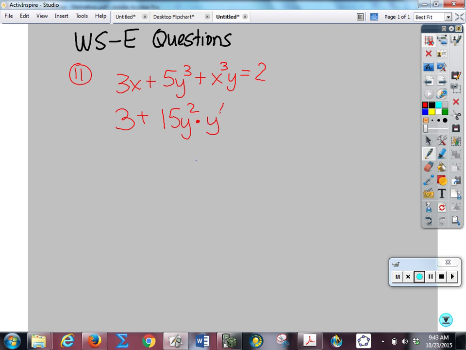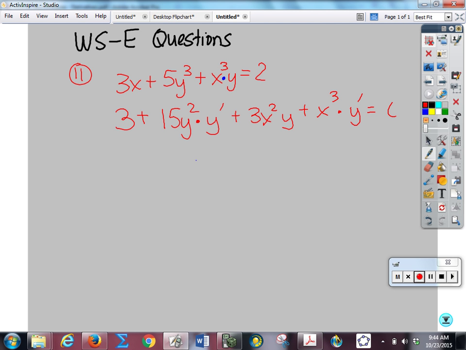And on this one, the thing to realize too is that it's a product rule. So you have to do the derivative of the first one times the second plus the first one times the derivative of the second, and the derivative of y prime equals the derivative of 2.